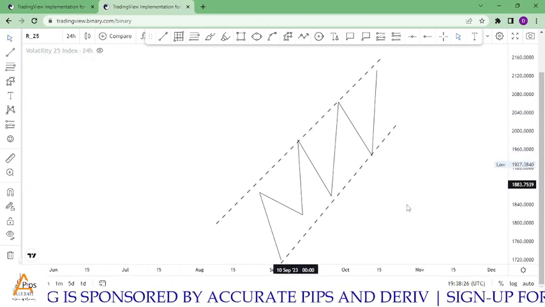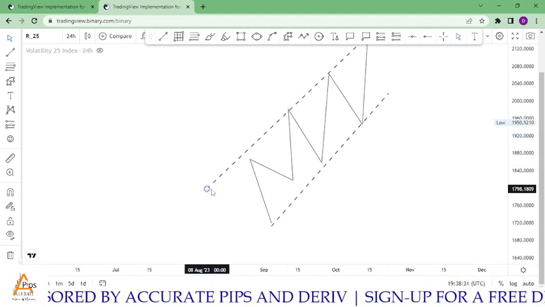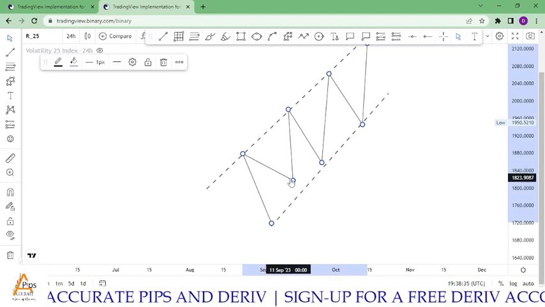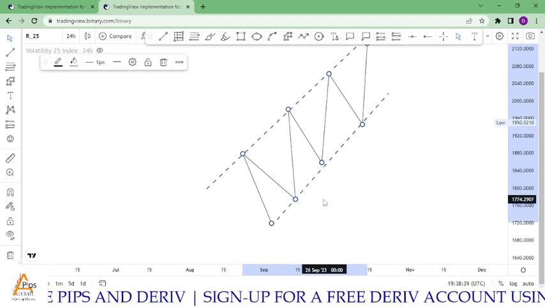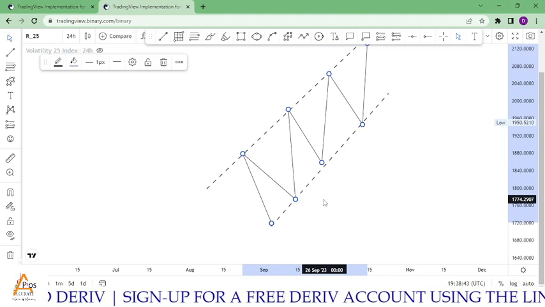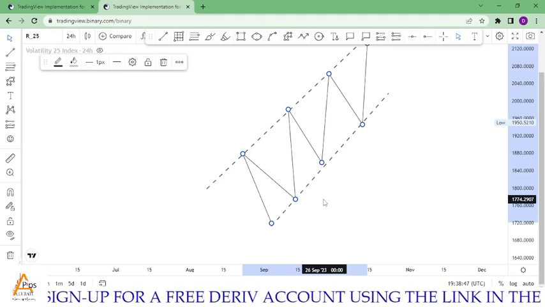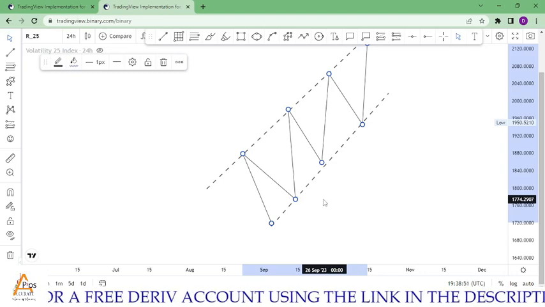So if you trade chart patterns, dynamic support and resistance helps you to locate different types of chart patterns, ranging from rising channels, flags, falling wedges, rising wedges, symmetric triangles, and a whole lot.